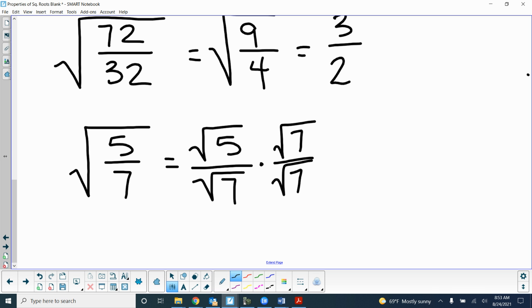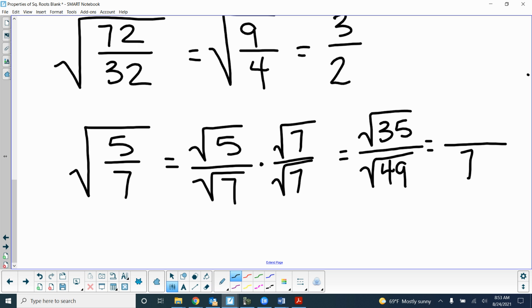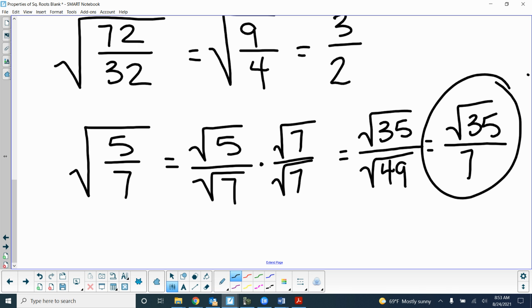So what's 5 times 7? 5. And what's 7 times 7? But what is the square root of 49 now? 7. So this is the answer to that type of problem. We'll have to rationalize the denominator. Get that radical out of the denominator.